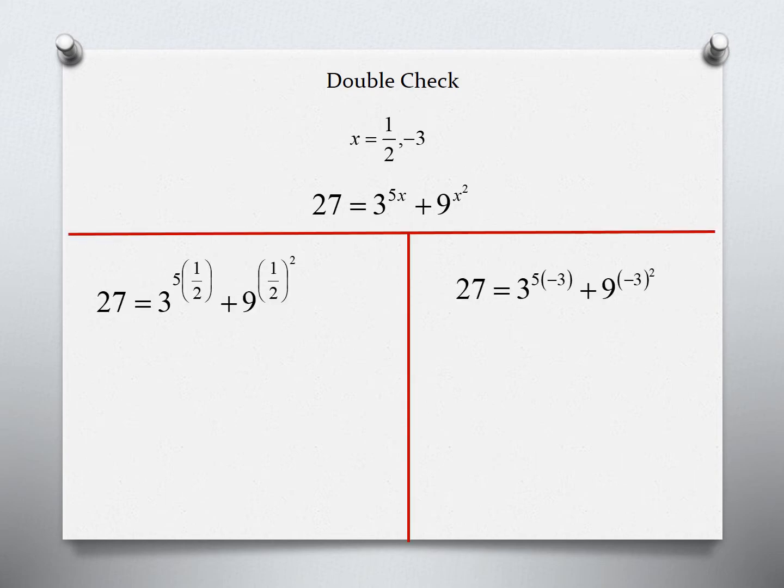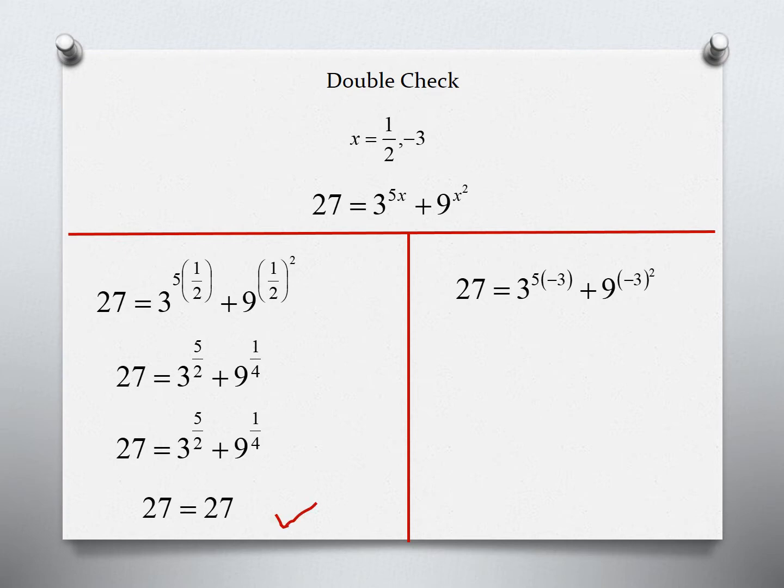So if we go back to our original equation, we're now saying x is 1/2 and -3. Those are the two numbers that can make a true statement. So we look at both situations. We look at what happens if x is 1/2, and so we substitute that into the very original equation. We unfold, and you can use your calculator for this or do this by hand, but you discover that 27 is 27. And so that's, of course, a true statement. And then the same thing if we try -3 as the value of x in our original equation.